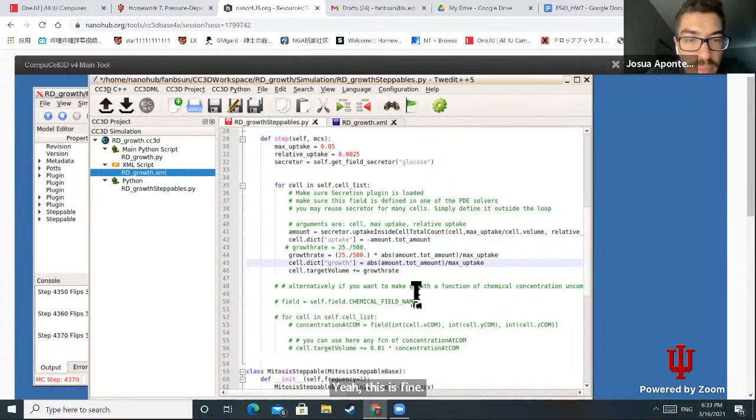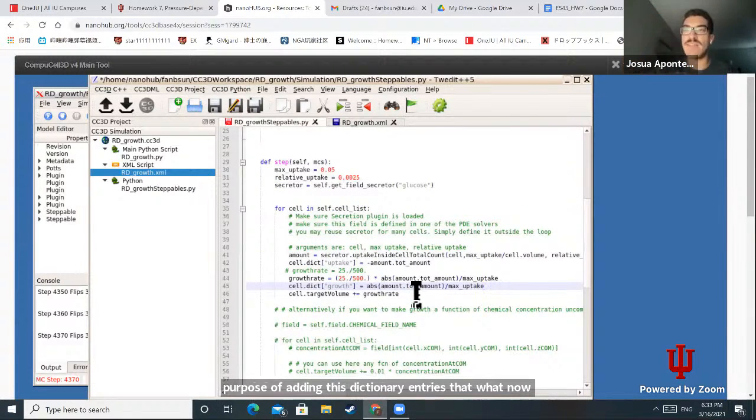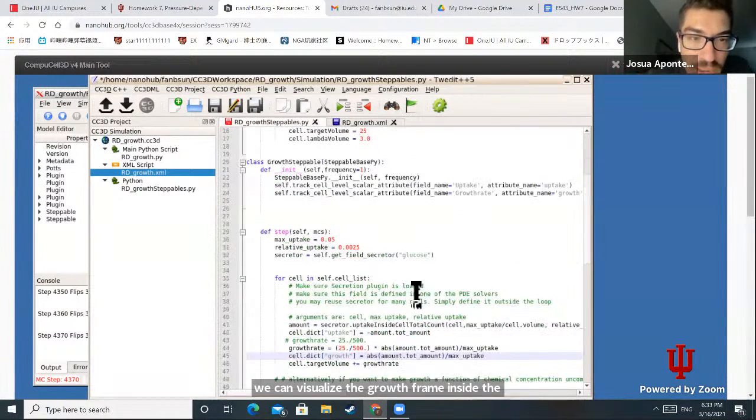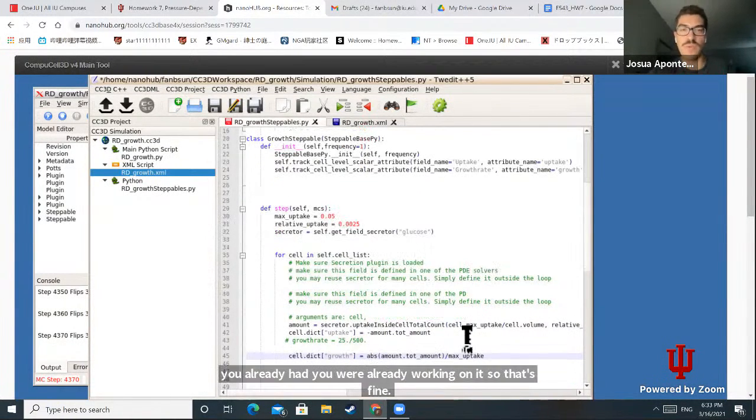And then go up just to make sure, because the purpose of adding this dictionary entry is that now we can visualize the growth rate inside the cell blob. And that is initialized here in line 24. You were already working on it, so that's fine. Save this simulation now and we can run it.